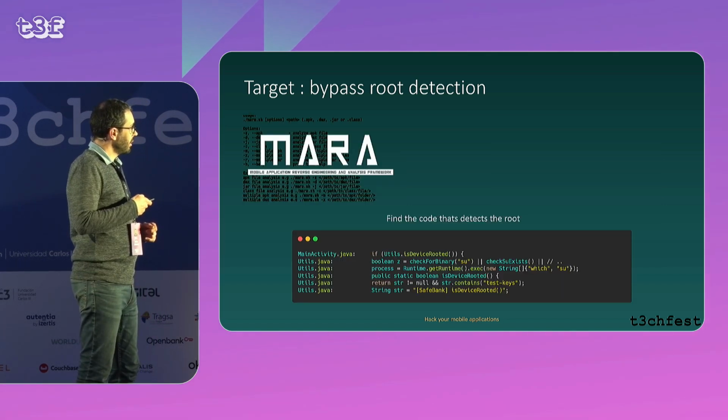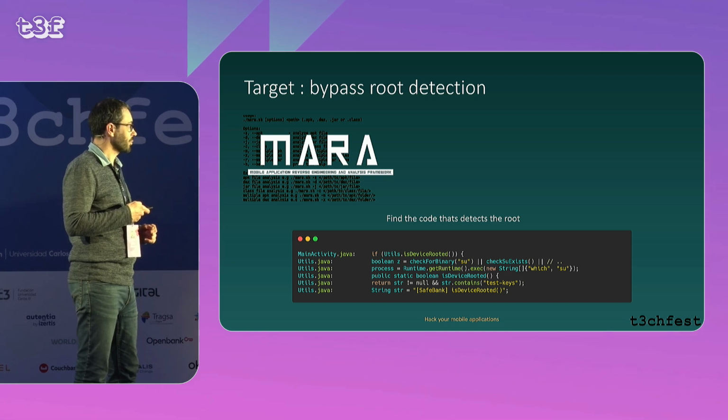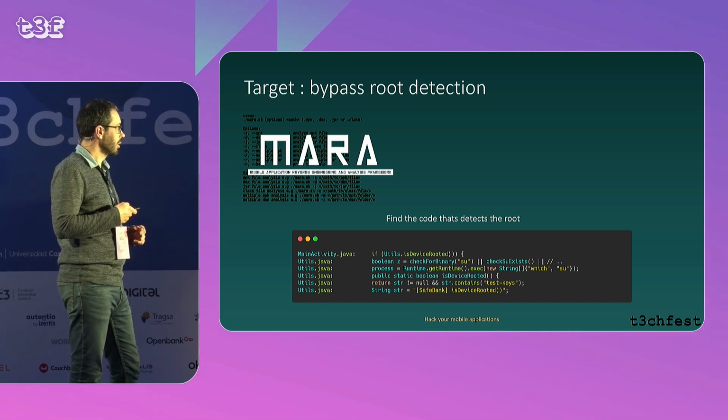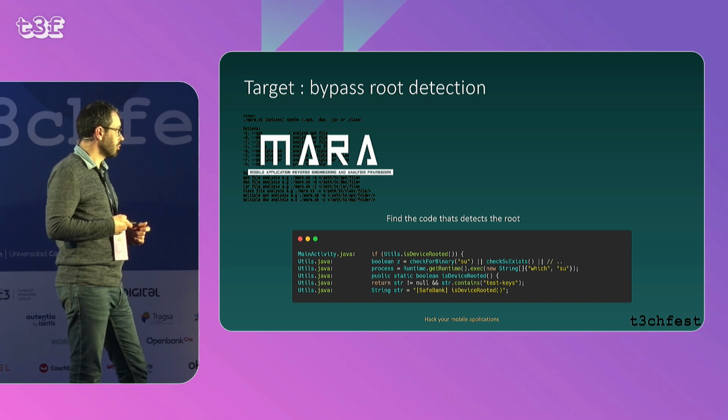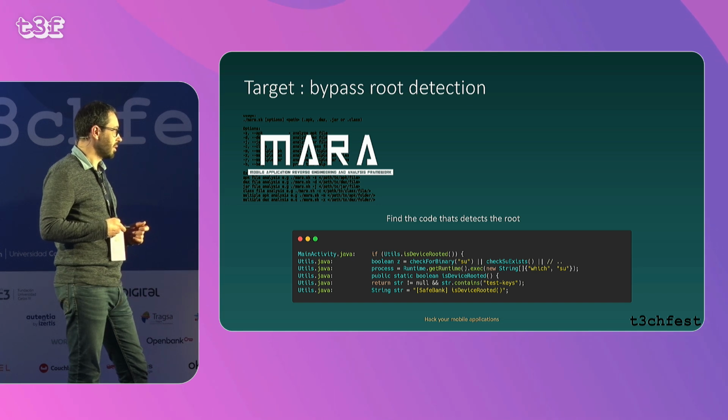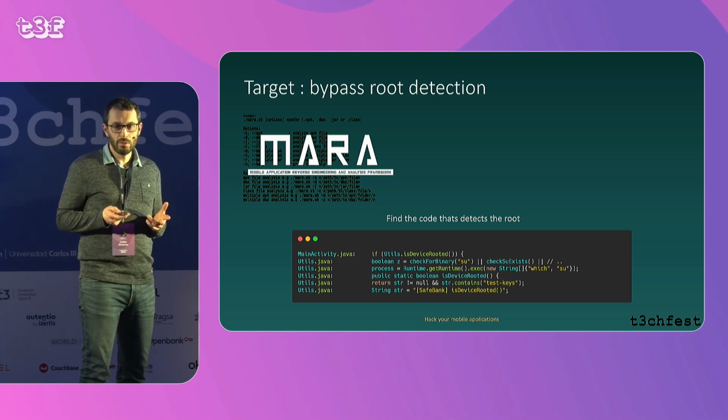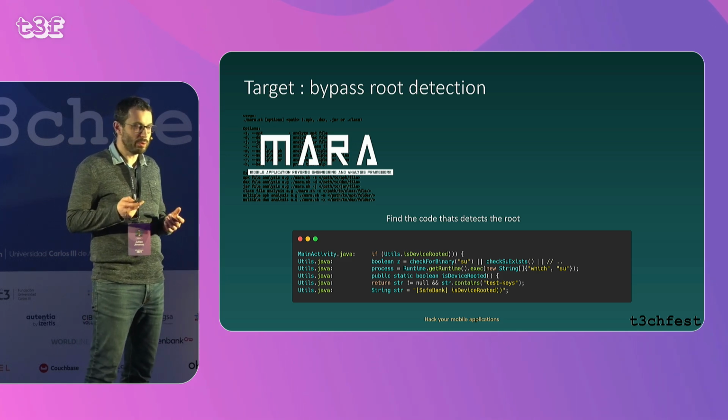So Mara, it is a framework, and with this framework, I can directly have detection of this protection. And here, it gives me 2 classes, MainActivity and Utils. And here, I can see that there is something interesting. isDeviceRooted, and there are some checks in the Utils class. So it enables me to find where is the protection.